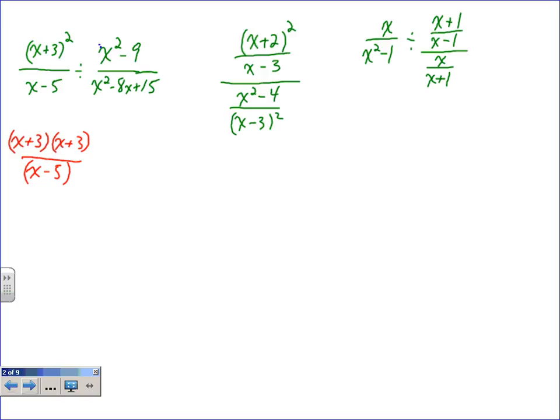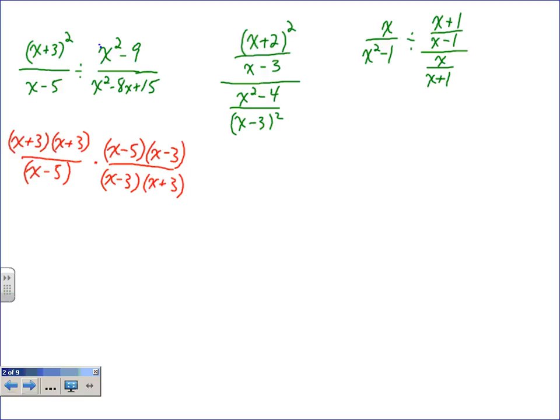I'm going to turn the division into a multiplication problem. I'm going to take the x squared minus 8x plus 15 and put it on top. I'm going to factor it while I do that to make it x minus 5, x minus 3. And then I'll take the x squared minus 9, put it on the bottom, and I'll make that x minus 3, x plus 3.